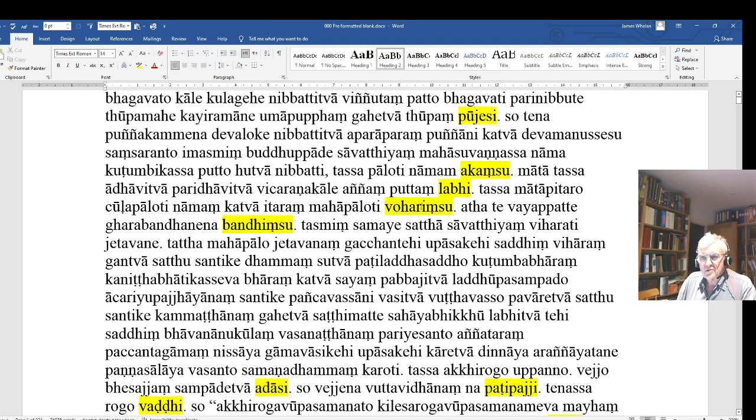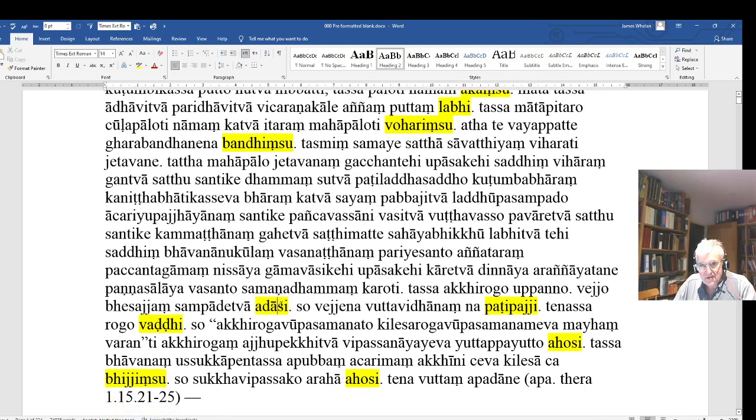Voharimsu, you can see by the ending, this imsu ending, there's only one thing it can be, and that's a third person plural aorist. Similarly, bandhimsu, they bound. So gharabandhanena bandhimsu, they bound him with a house binding, so he was bound to his house.